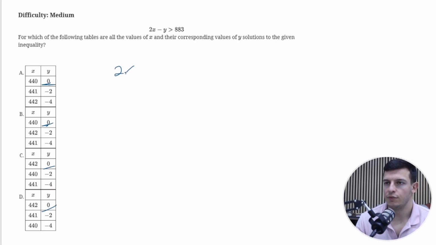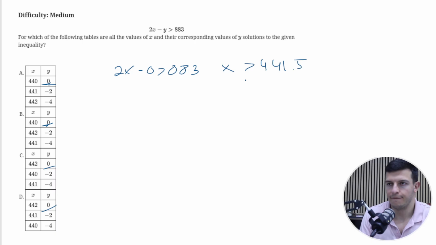So if I say 2x minus 0 greater than 883, that means x has to be greater than 441.5, which A doesn't fit, B doesn't fit, C and D fit.